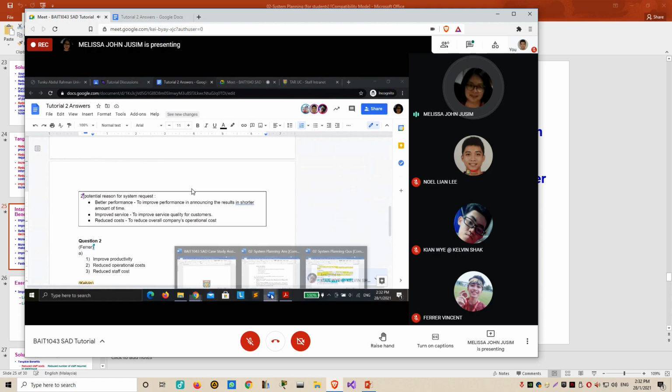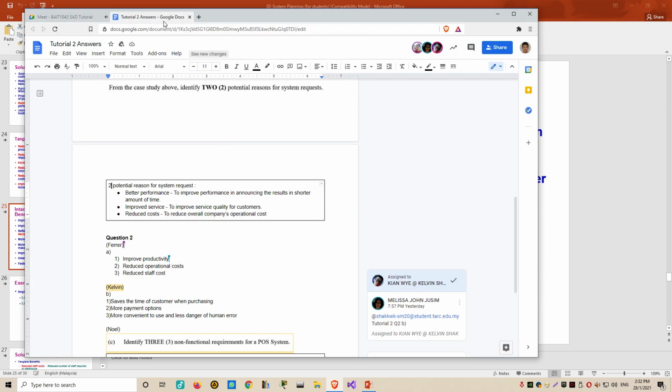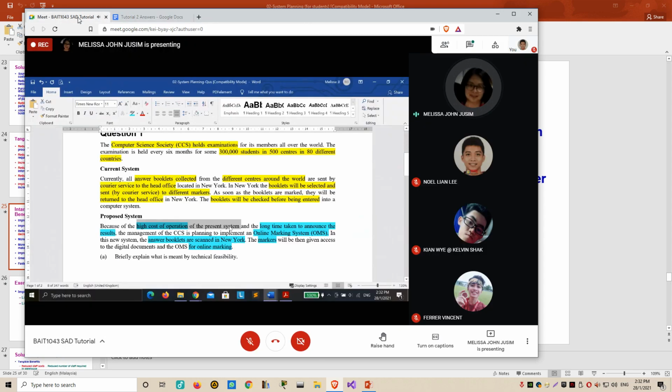Because if you look here, they want to propose the OMS because of the present system on how they conduct the exam. It's not the overall company operational cost, just the cost of operation of the system.